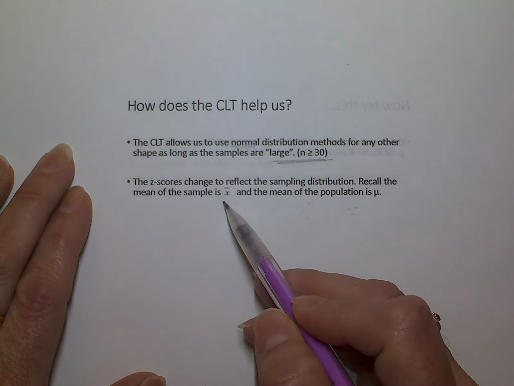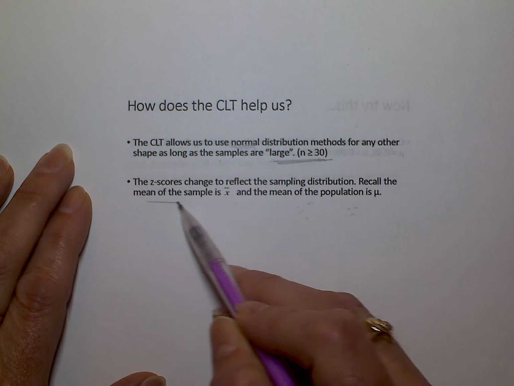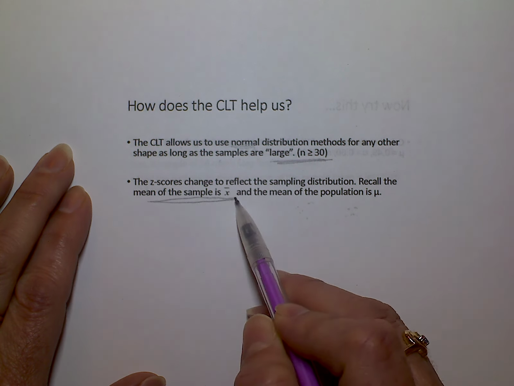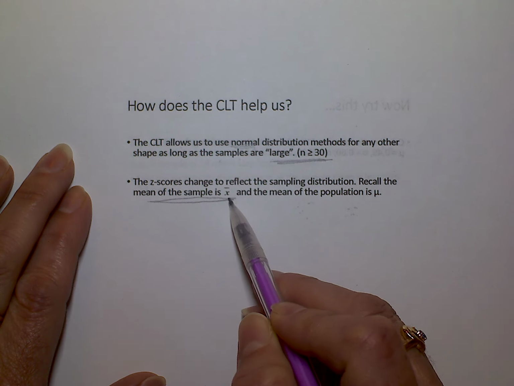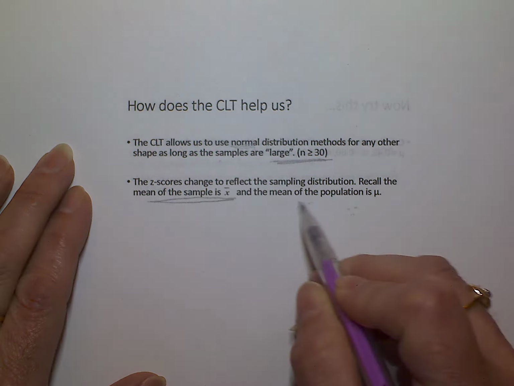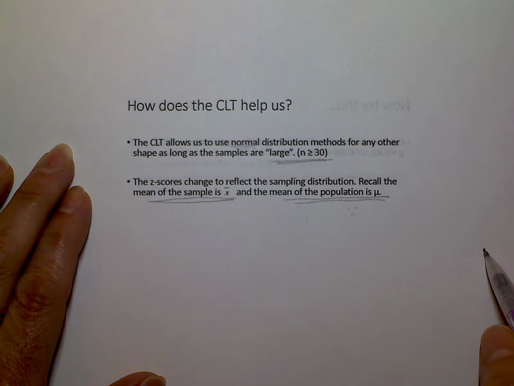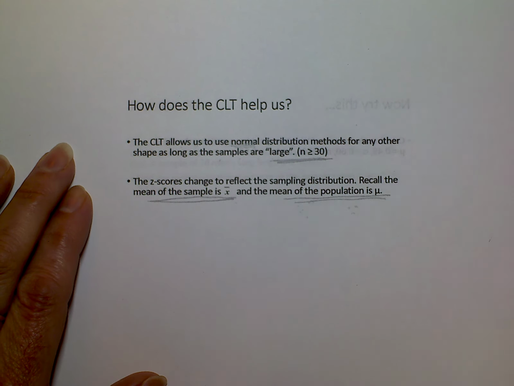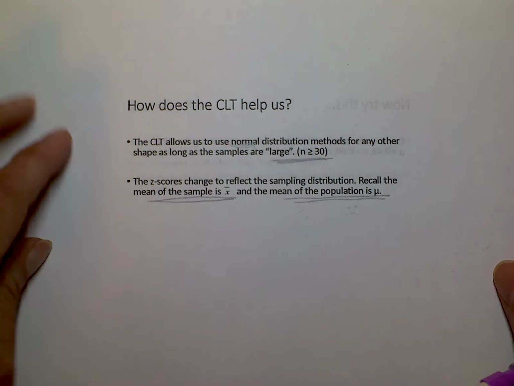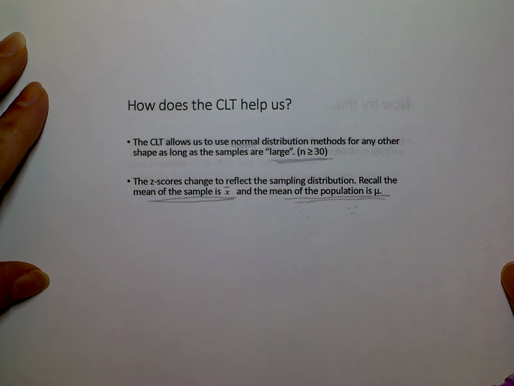Remember that the mean of the sample is x bar. X bar just means the sample mean, and the population mean is mu. So kind of keep those separated in your head. We've used them both now, different times. So the mean of the sample is x bar, and the mean of the population is mu.